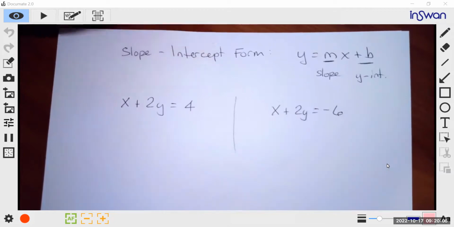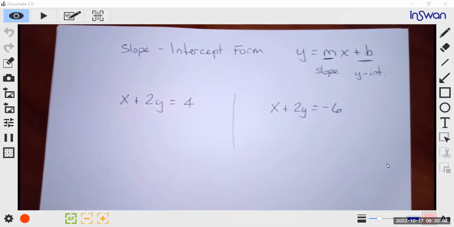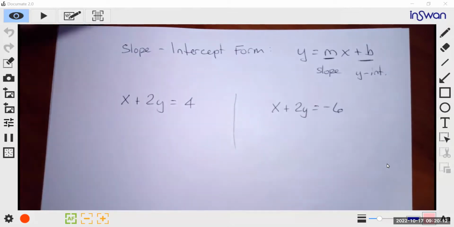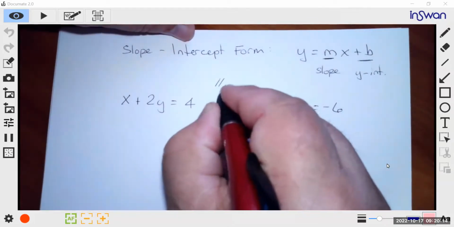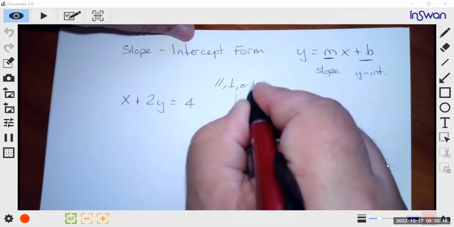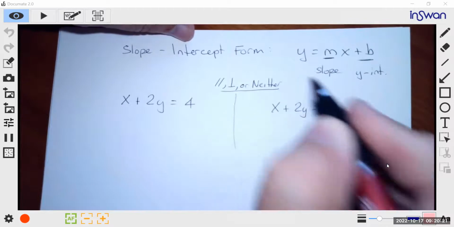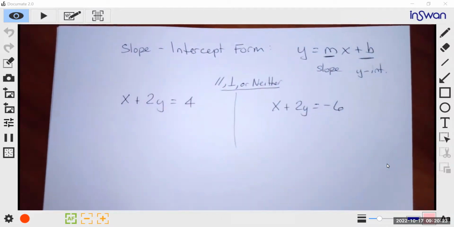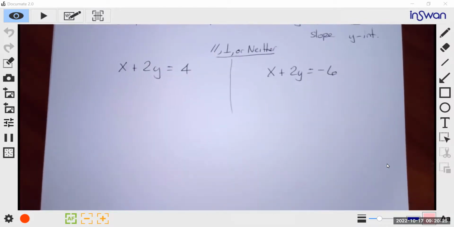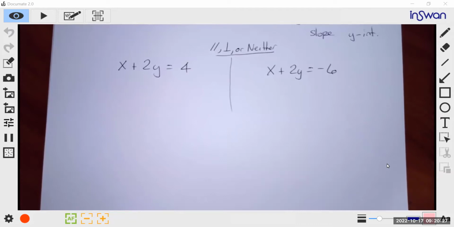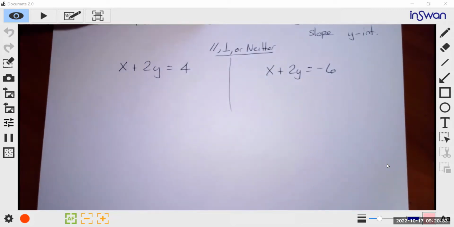Okay, tell me if these two lines are parallel, perpendicular, or neither. So work this one together. What do you have to do first? You have to solve for y.